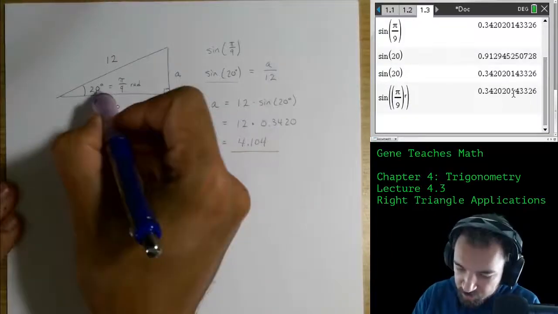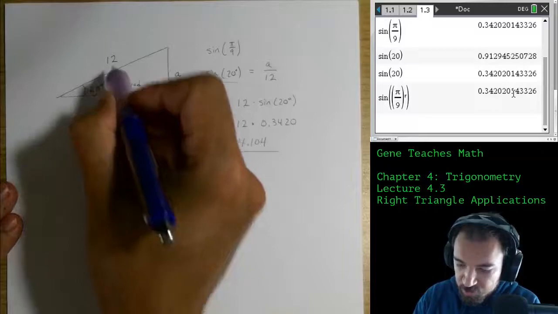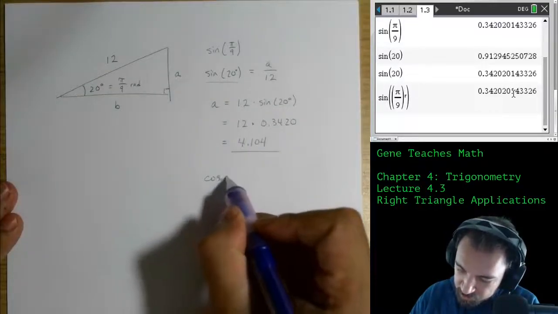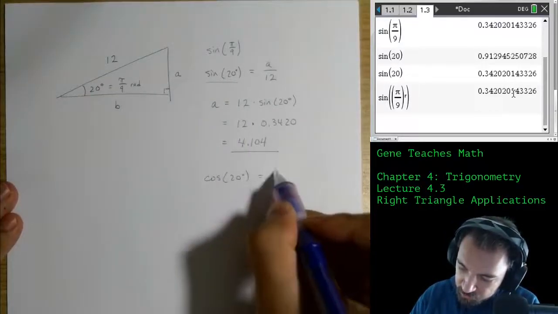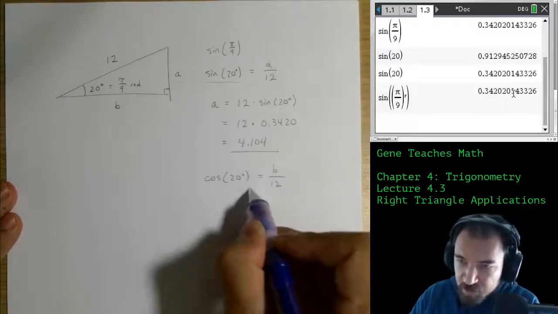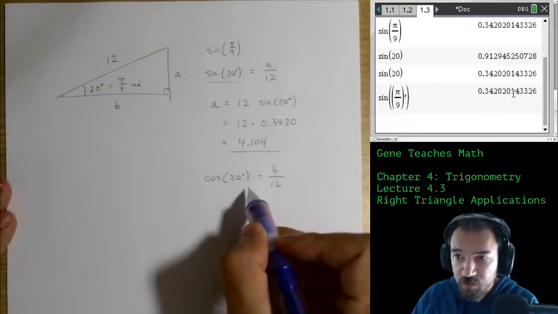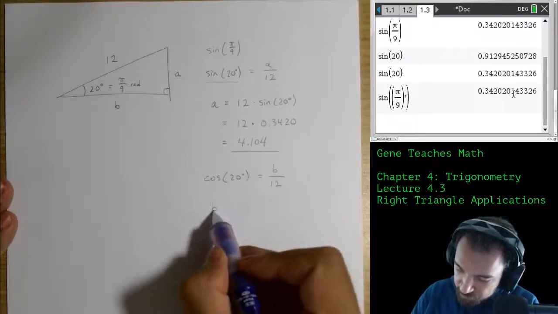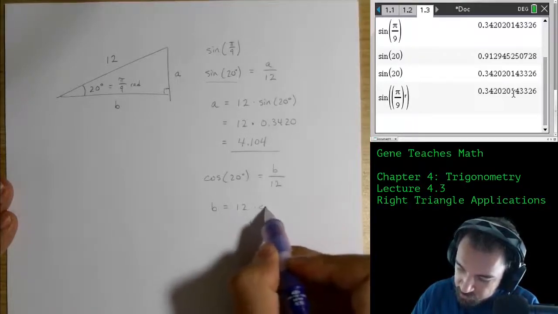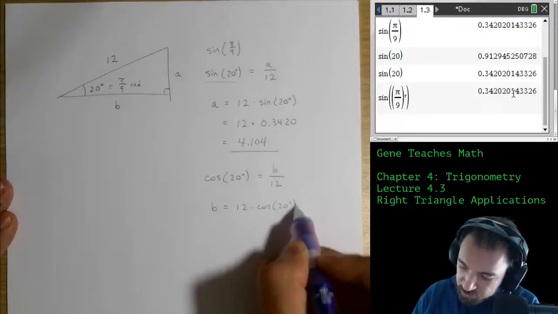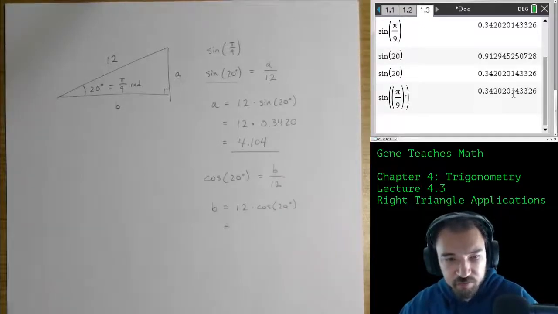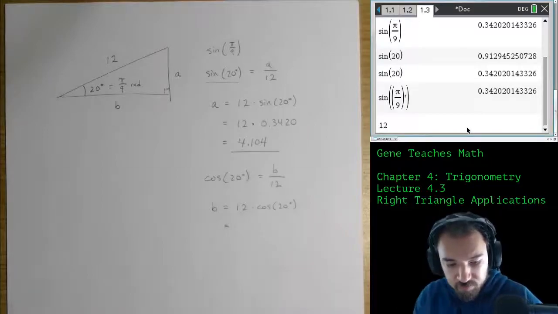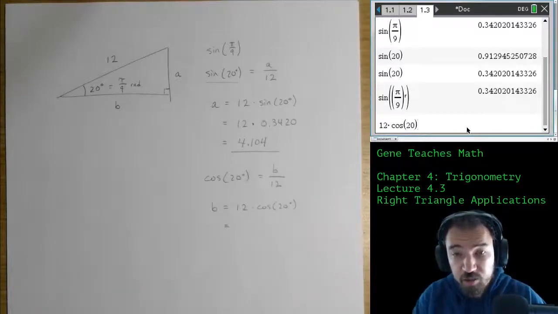So if I say cosine of 20 degrees is adjacent over hypotenuse, I can write cosine of 20 degrees is equal to b over 12. And since cosine of 20 degrees is a number that our calculator knows, it's stored internally, I can multiply 12 to the other side and say b equals 12 times cosine of 20 degrees. And I can calculate this very simply by saying 12 times cosine of 20, checking my mode.